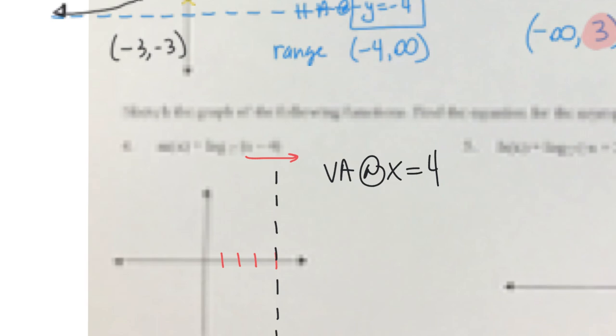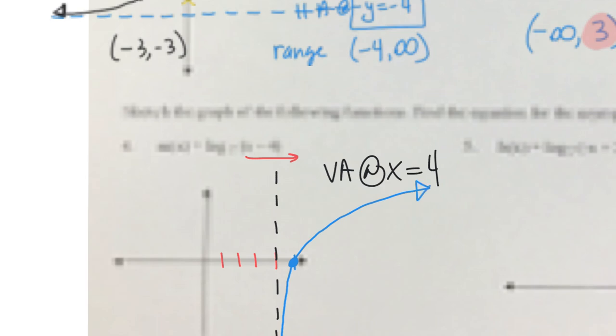Vertical asymptotes have x equals equations. And then my logarithm always starts 1 unit to the right of my vertical asymptote. So my x-intercept is there at 5, 0, 1 unit to the right of my vertical asymptote. So my graph starts close to the asymptote on the left, it goes through that point, and then it grows logarithmically.